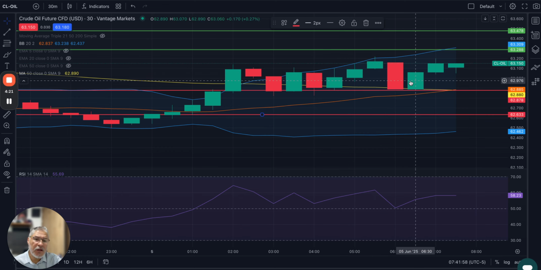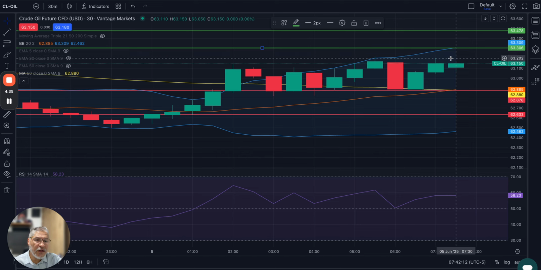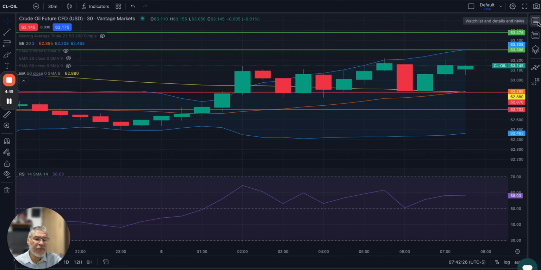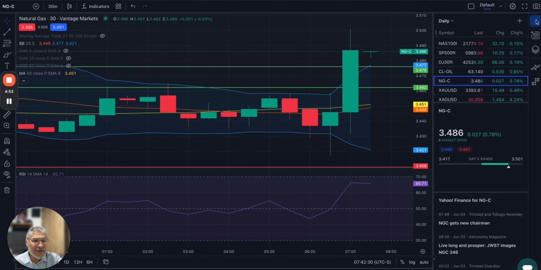But now we're basically looking to break out of that range. Let's see if it will find a bid. So let's use the upper boundary band as that particular level of resistance, and 62.70 could be a second level. So again, geopolitical uncertainty continues to happen.